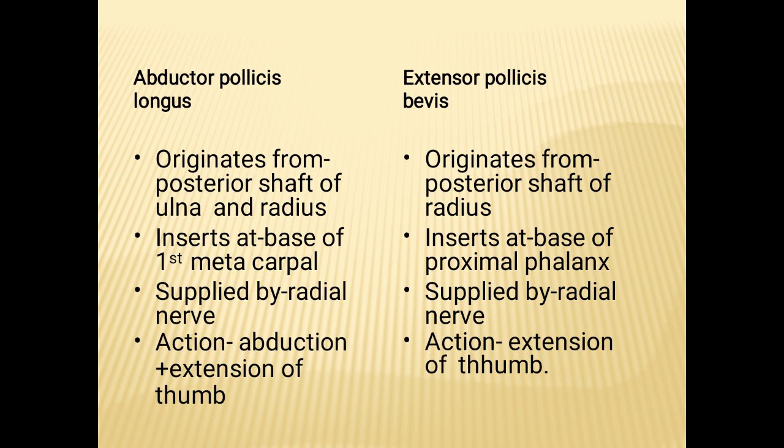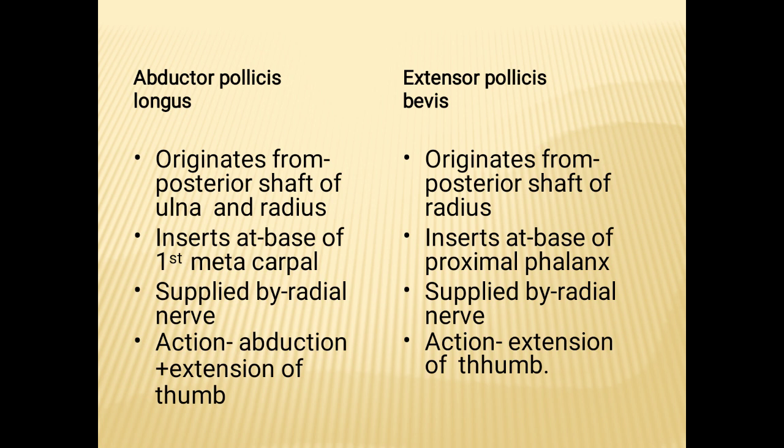We'll see the anatomy of both muscles. As we have seen, the tendons of 2 muscles pass through the first compartment, APL and EPB, abductor pollicis longus and extensor pollicis brevis.